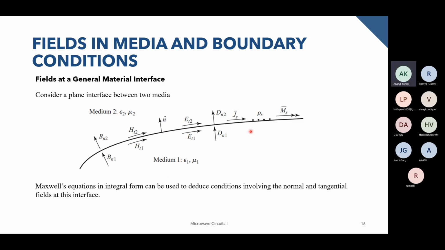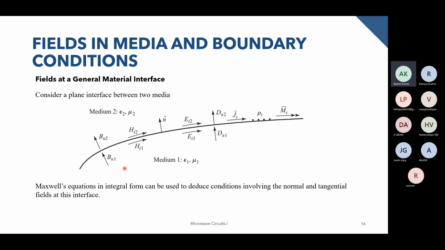Then we discussed the boundary conditions. When a wave propagates from one medium to the other, for example from medium one to medium two, where the properties of medium one are defined by epsilon one and mu one, and the properties of medium two are defined by epsilon two and mu two, we have to apply the boundary conditions to get the fields.